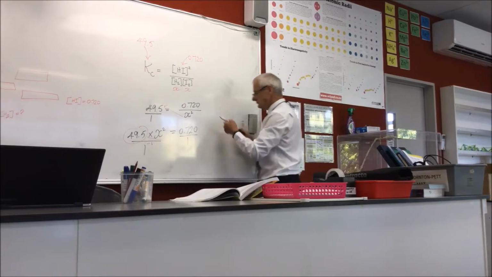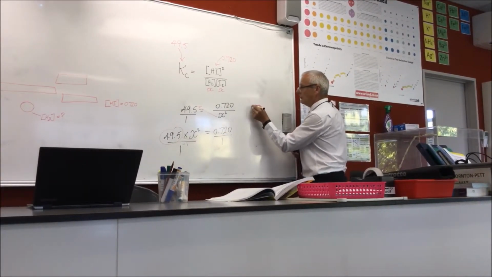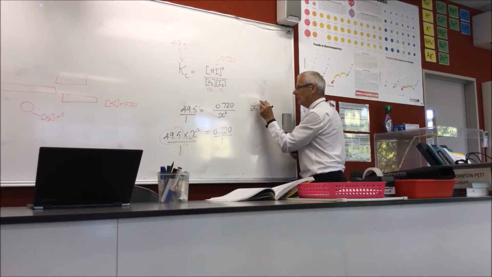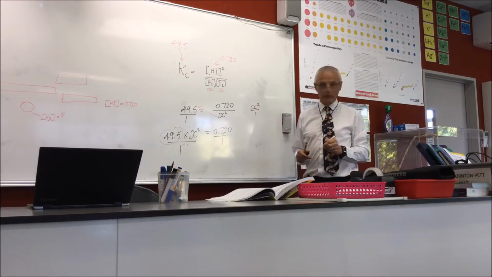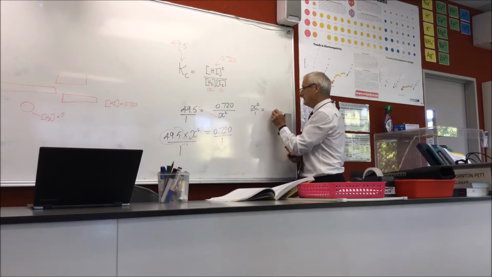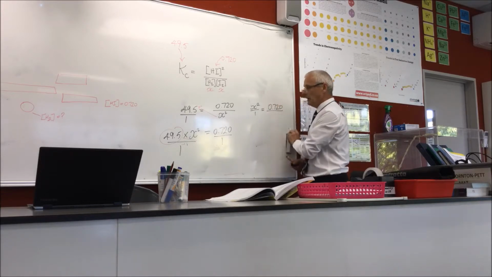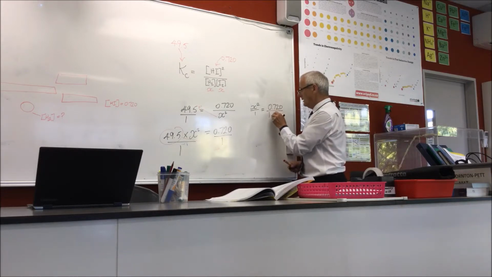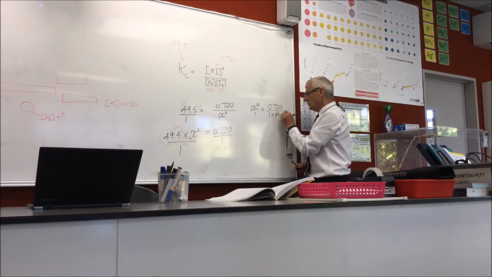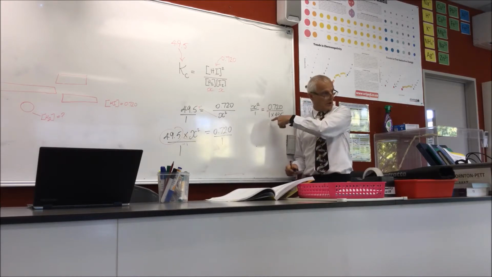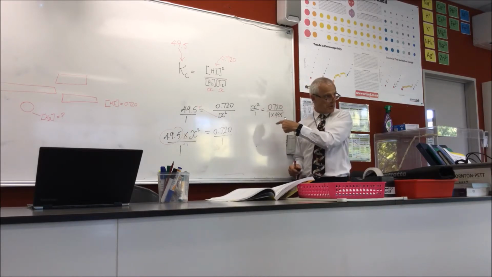So if I can just come up here, I get x squared over 1, I'm leaving the 1 there, equals 0.720 divided by, I've still got that 1 there, times 49.5. So if you cross multiply, it means you're moving it down, but you're still multiplying by it.